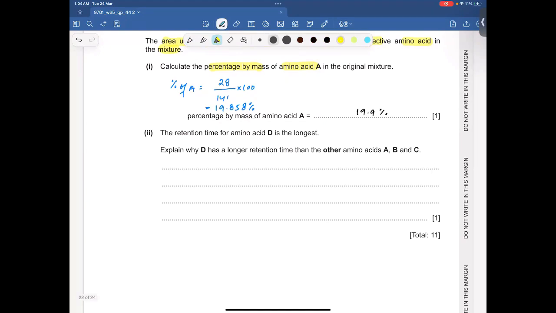The retention time for amino acid D is longest. Explain why D has a longer retention time than other amino acids. Because D has a stronger affinity with the stationary phase, and stronger affinity means both compound D and the stationary phase have different sorts of interactions or intermolecular forces.